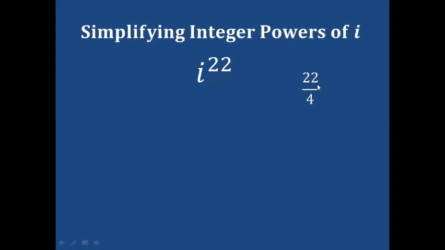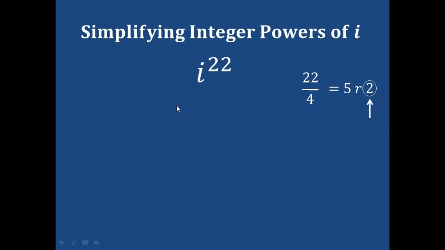But of course, if we divide by 4, we're expected to have a remainder. So let's see what the remainder is. The remainder for this is 2. Now, this remainder is actually going to tell us what power of i this is equal to. So i to the power 22 is expected to equal just i to the power 2.